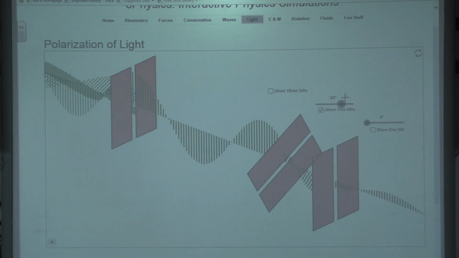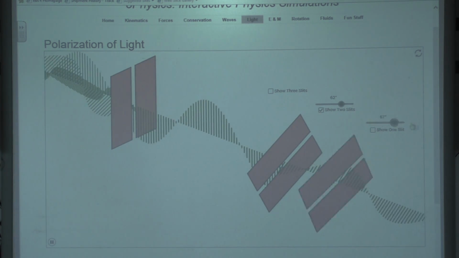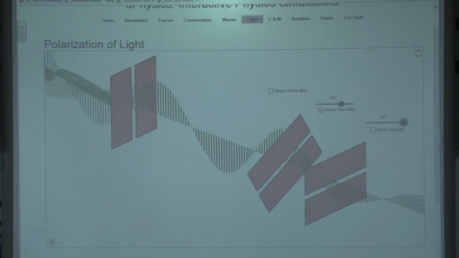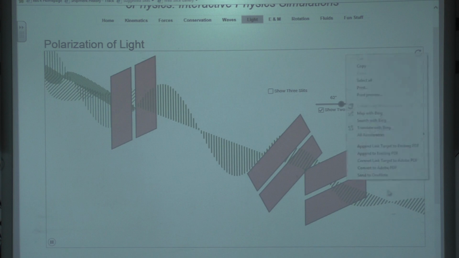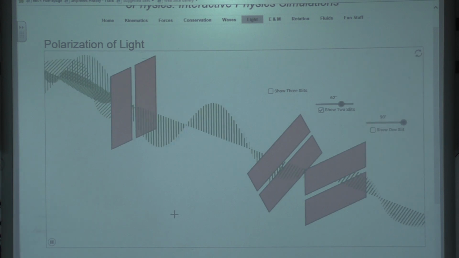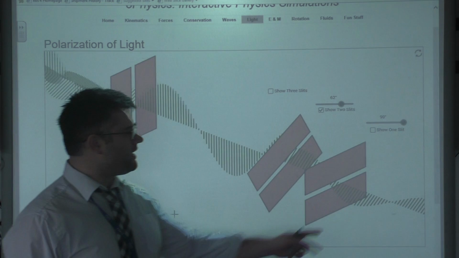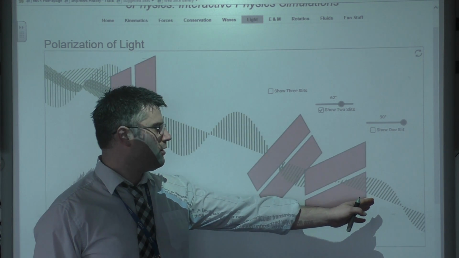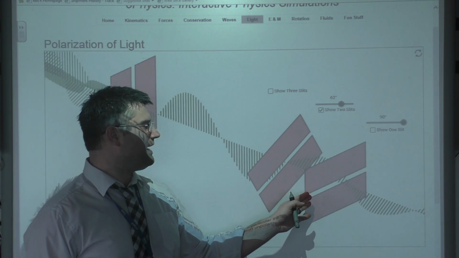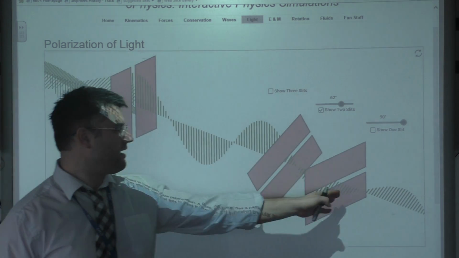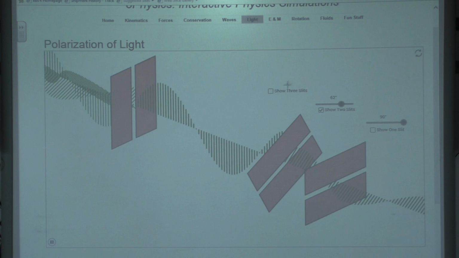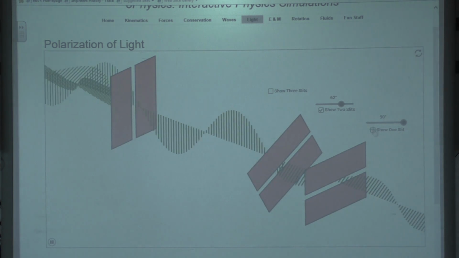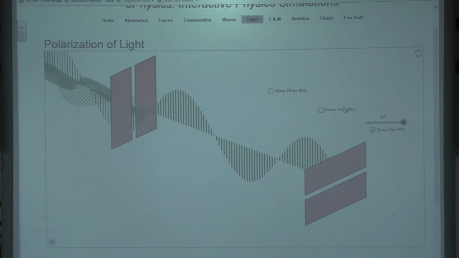Interestingly enough, if I rotate this to 90 degrees, if it'll let me, you'll see I'm still getting some through. Whereas when I only had this one and this one, I got nothing. Look what happens when I take away the middle slit: the wave is blocked.